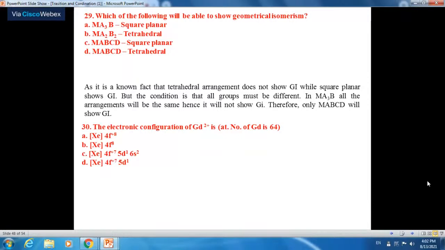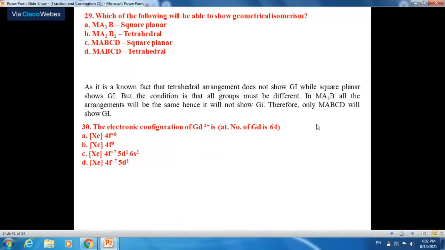Then option B and option D are ruled out, and what is left is option B and option A. But the condition is that all the groups must be different. In that case only, it will exhibit.